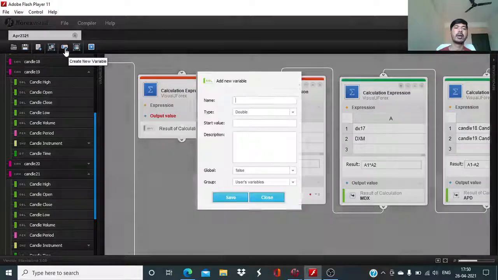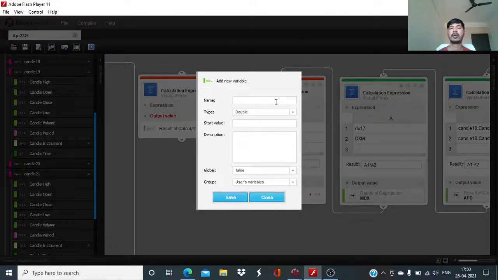So here I will create a new variable, pip conversion factor, and it should be 100.